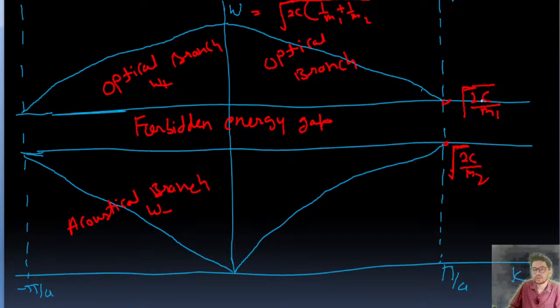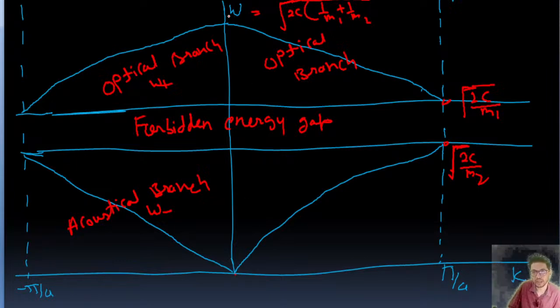These are straight lines, guys. So this is root 2C upon m2, and this is root 2C upon m1. This is the forbidden energy gap. This is the optical branch, omega plus, and the acoustical branch. This is between minus pi by a and plus pi by a.